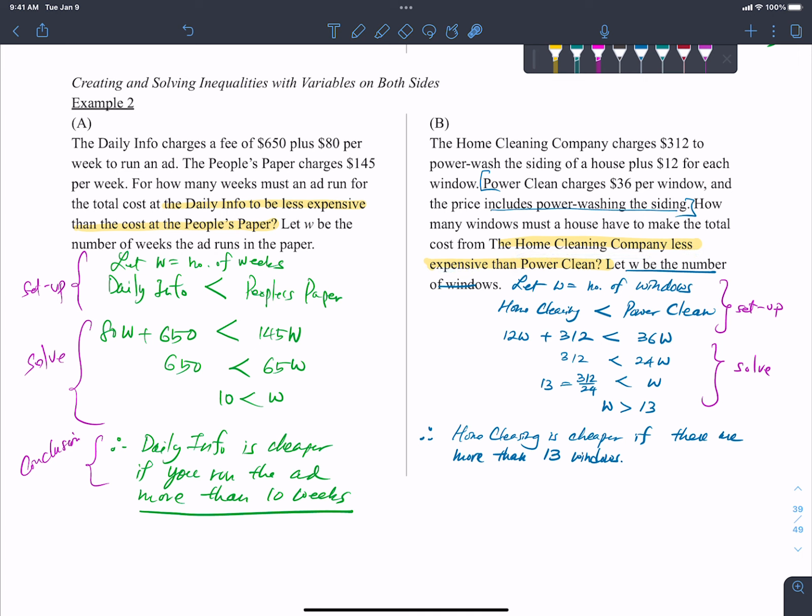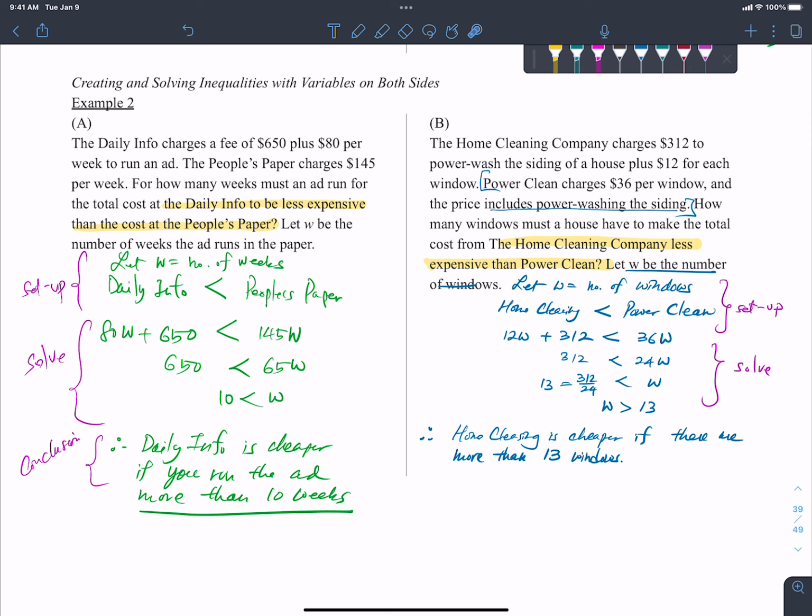So now there's a relationship right here. Now we got to go find how much the Power Cleaning charges versus the Home Cleaning. According to this, the Home Cleaning charges $312 initially and $12 for each window. W is the number of windows, right? So $12 per each window plus $312.